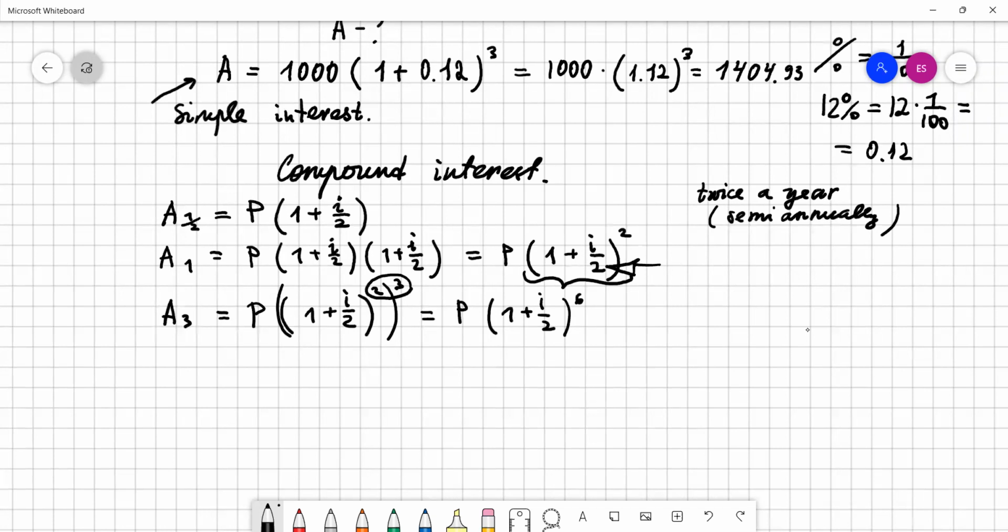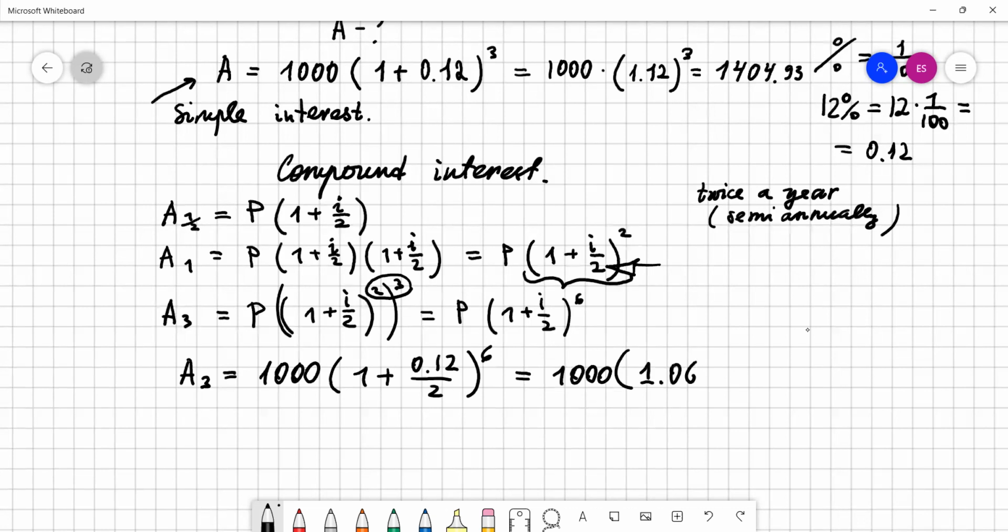Okay, now I'm going to substitute my problem numbers. 1,000 invested. My interest is 0.12 divided by 2 because it's combined twice, to the power of 6, and just get the final number. So 0.12 divided by 2 is 0.06, so it's 1.06 to the power of 6.